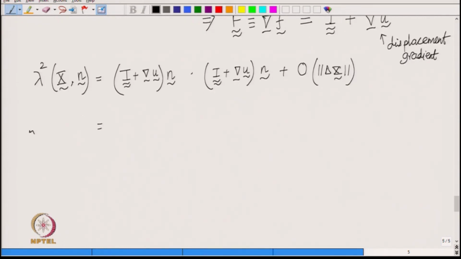So, we have to remember an identity which says, so I will just do it in the side. So, for a second order tensor A times the first order tensor small a, and if you dot it with B, then this simply becomes small a dot with A transpose times B. So, when you bring this second order tensor on the other side of dot product, it becomes transpose. Okay, this is an identity, all right.